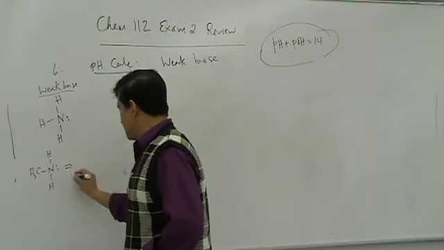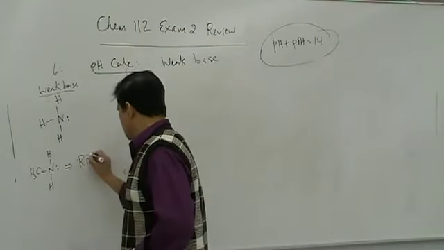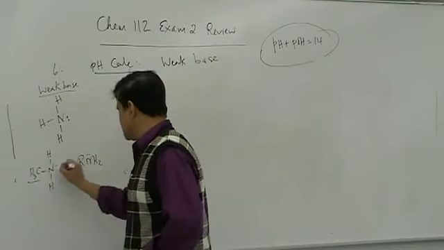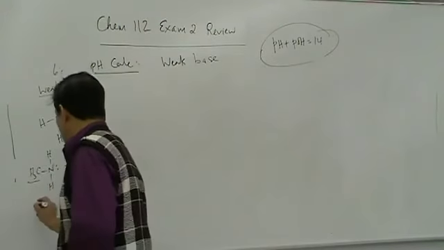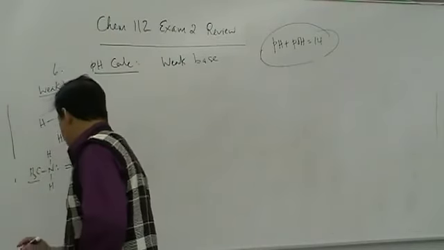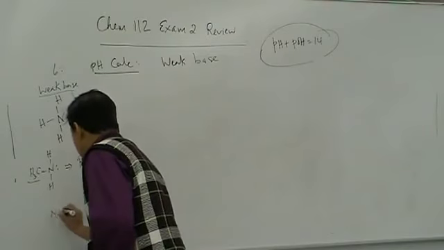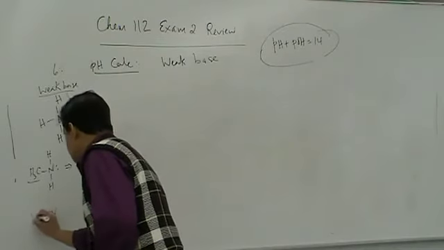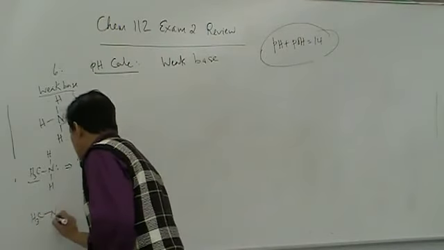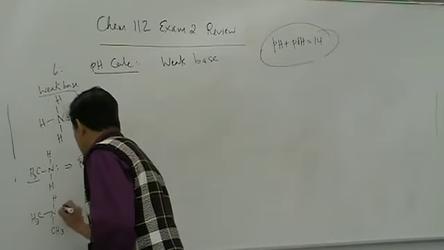I can write down in abbreviated form, RNH2. R stands for this, NH2. I can have even a bigger structure, bigger compound, but still I can write down RNH2. Similarly, I can have something like this, say CH3, and here I would have another CH3, then I have one more hydrogen and a pair of electrons.